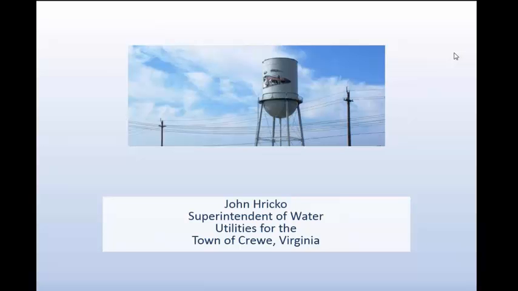Victor said something that really just hit home when he said he thinks that the motivated and empowered people are the ones and operators that can really make a difference. And those two terms really summarize for us here in Crewe how we were able to achieve what we were able to achieve.